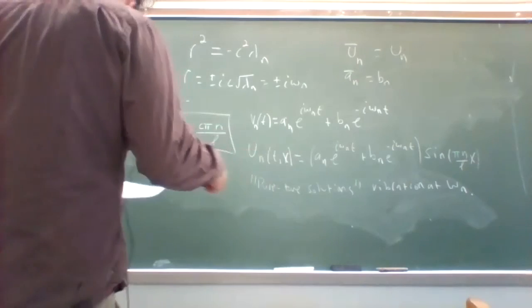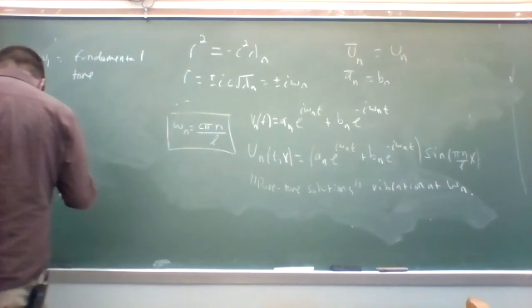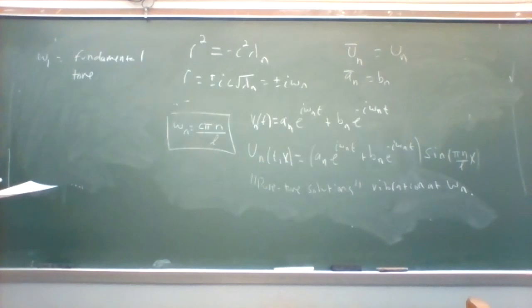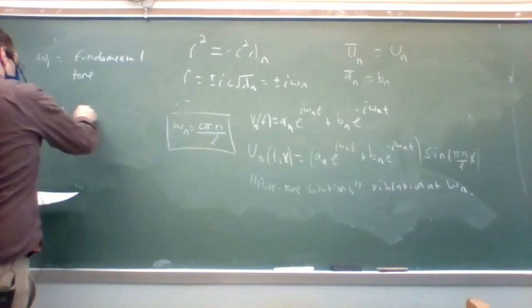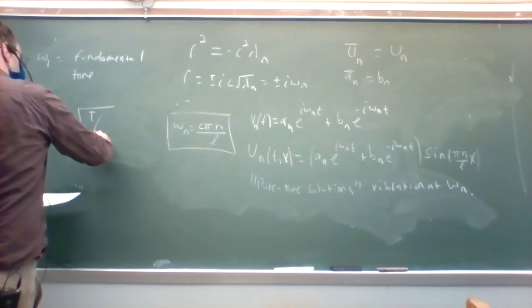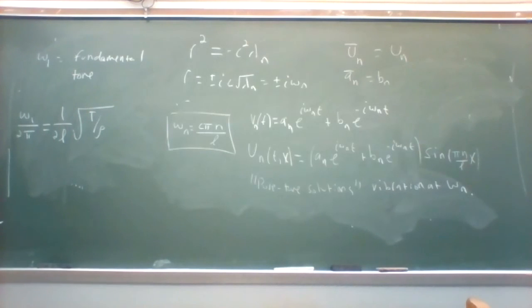One over the period is the frequency. So you end up with omega 1 over 2 pi, just substituting in what things are equal. This is 1 over 2L times square root of T over rho. Remember, c is square root of tension over density.